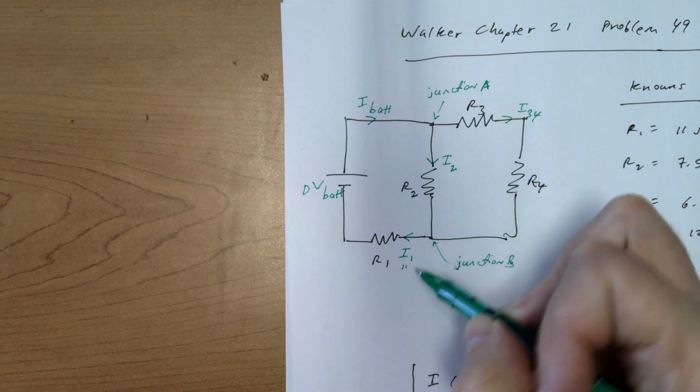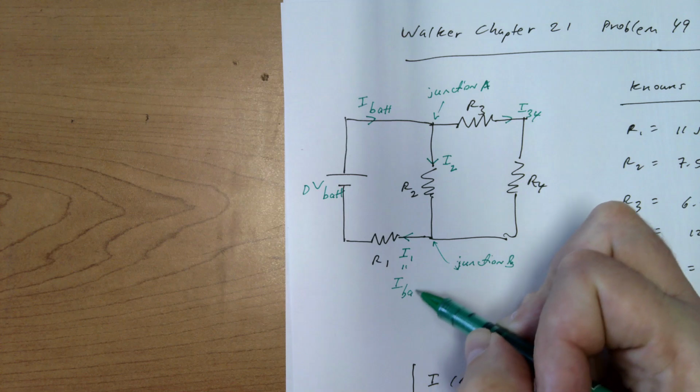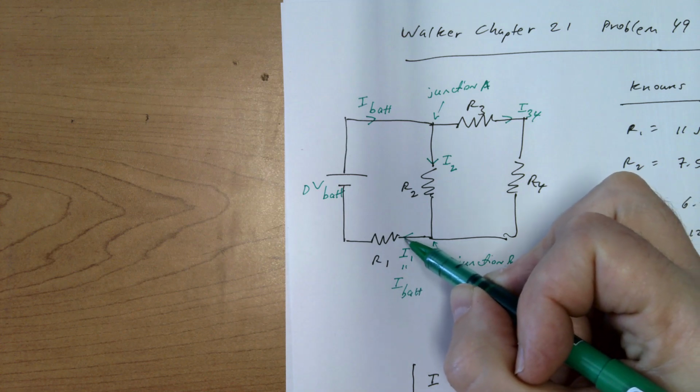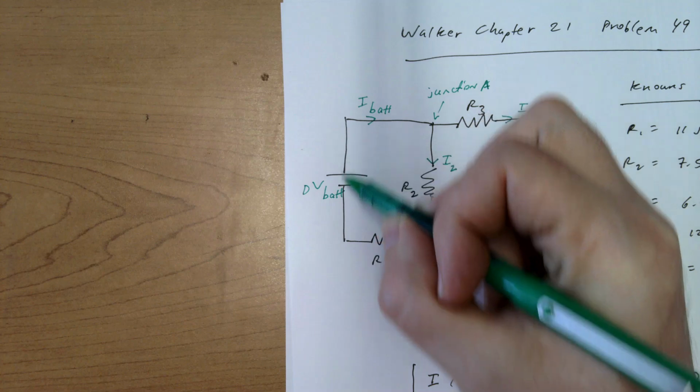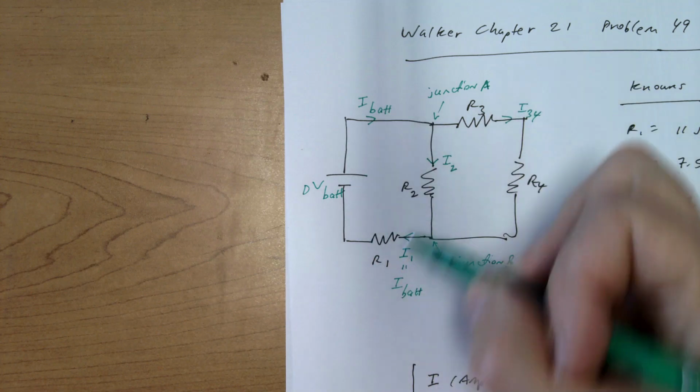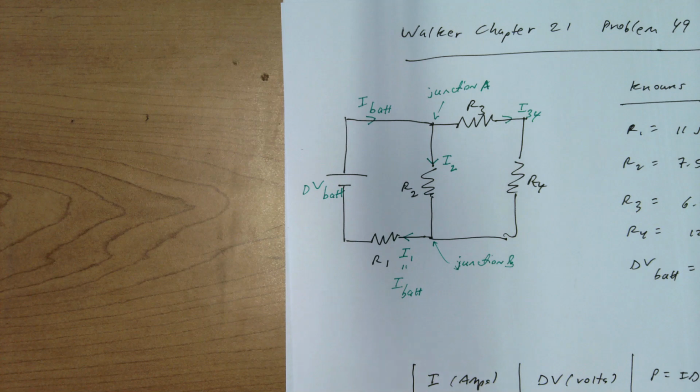But I can see that I1 is also equal to I bat because resistor 1 is in series with the battery, so these currents are equal at all points. Alright, so I've labeled my currents, I've labeled every little element of my circuit.